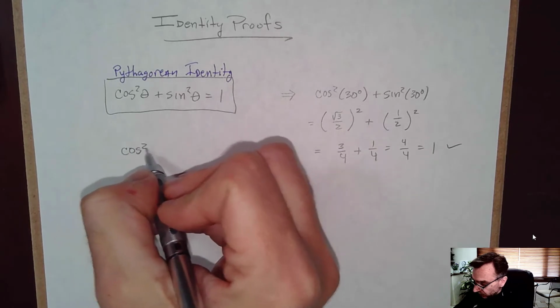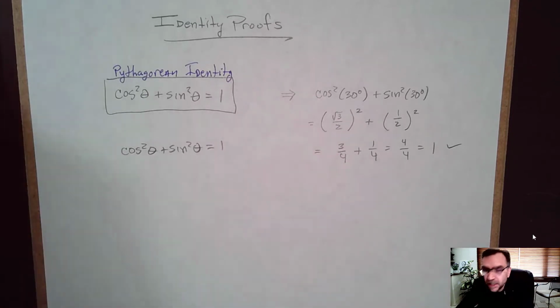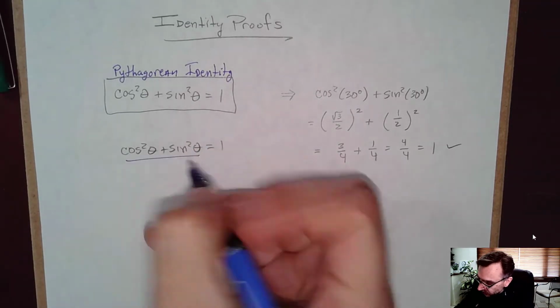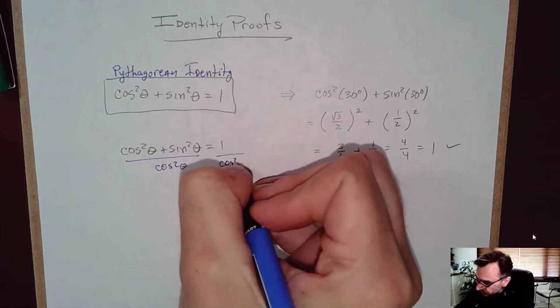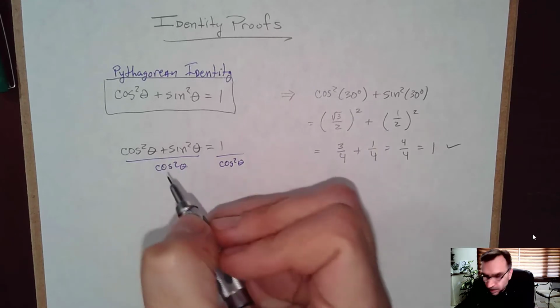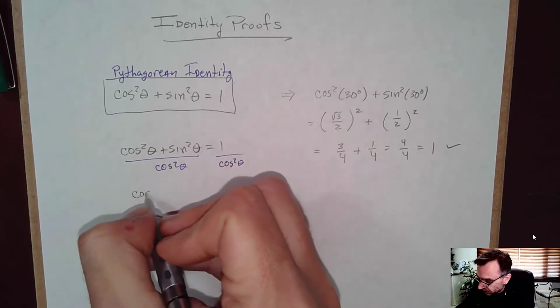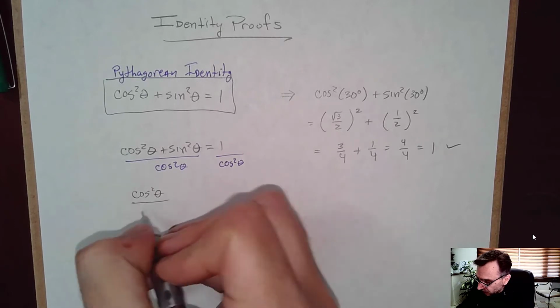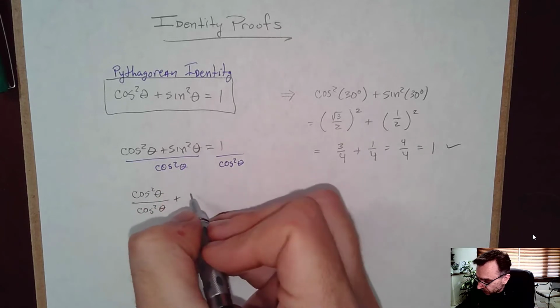Now look at this. We can start with the Pythagorean identity, and we can derive more identities from that, simply by dividing here by cosine squared theta, both sides. That's legal. We could break this fraction up with a common denominator. So cosine squared theta over cosine squared theta, right? Where cosine squared theta is the common denominator.